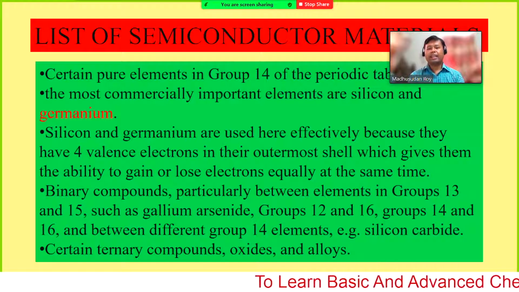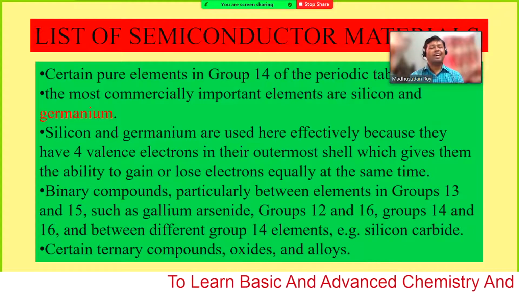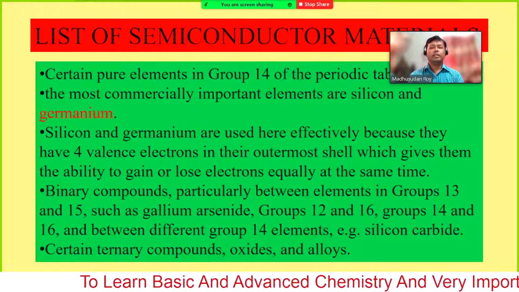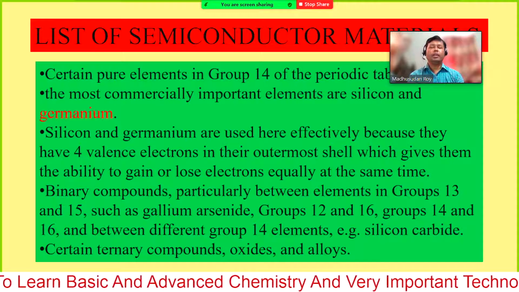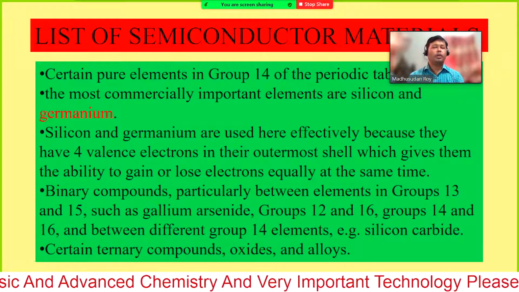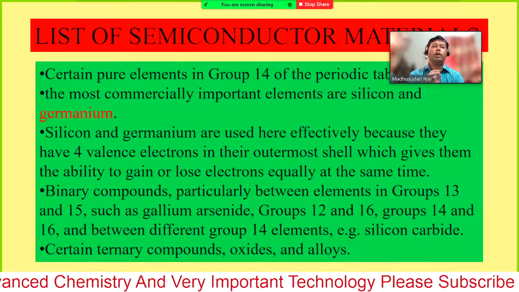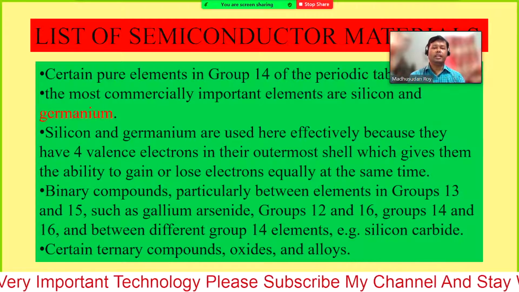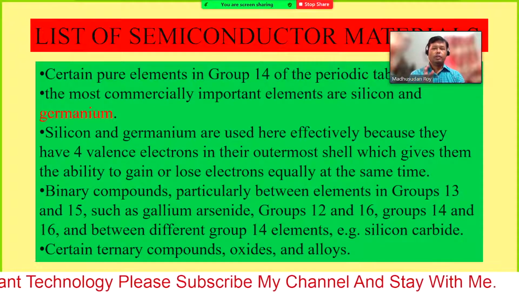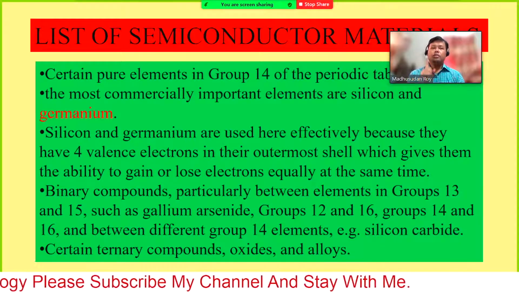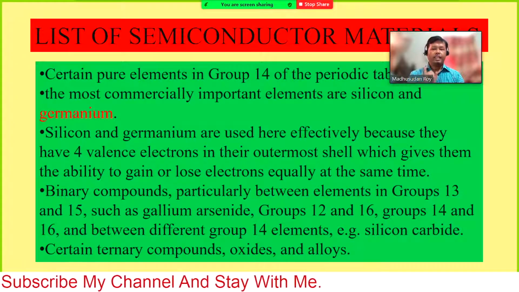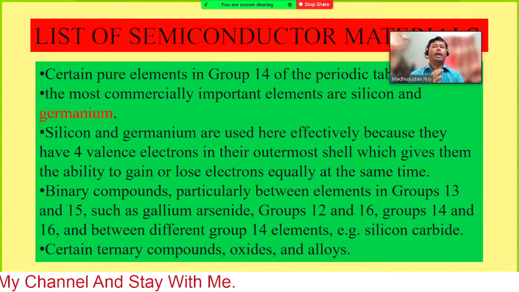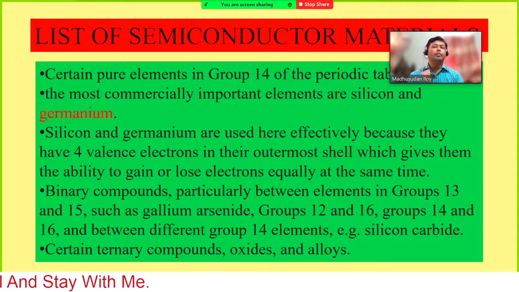Certain ternary compounds, oxides and alloys: if any molecule or compound has 3 elements, then we consider that as ternary. So elemental has only 1, binary compounds have 2, and ternary has 3 elements or 3 atoms in a compound or molecule.